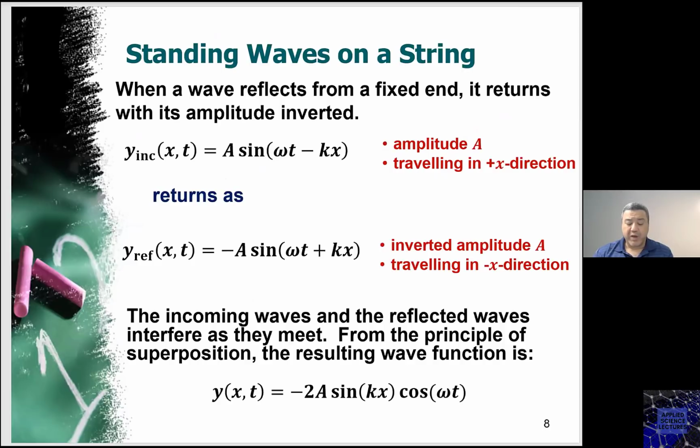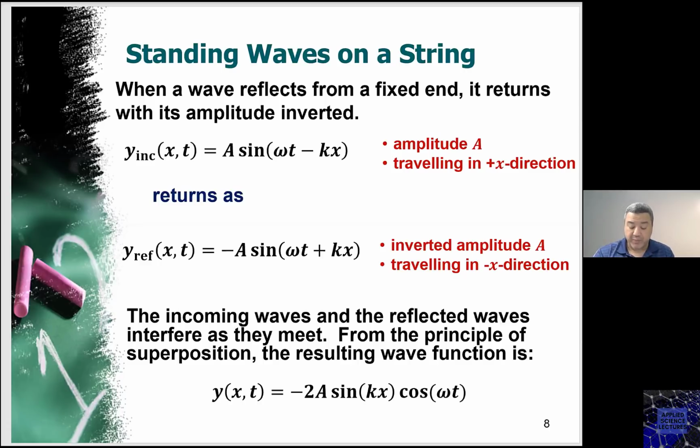So the standing waves, what are those standing waves? Those standing waves basically are made of two waves. One of them is traveling in one direction, and then this signal sees a reflection due to an obstacle at the end. It gets reflected back.